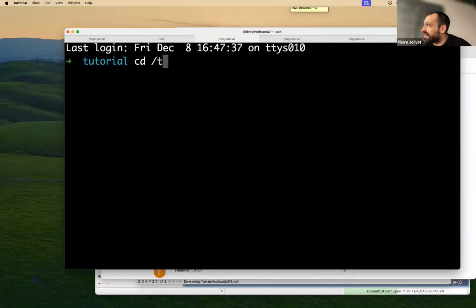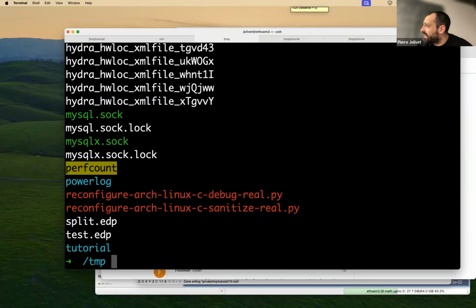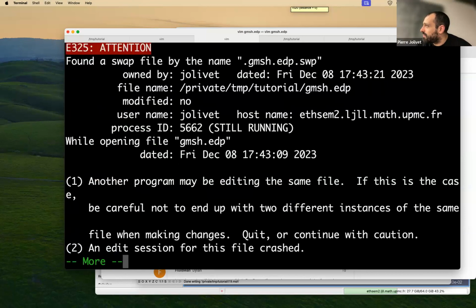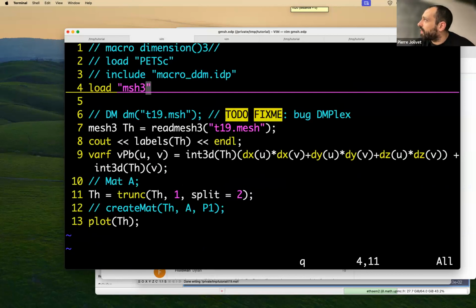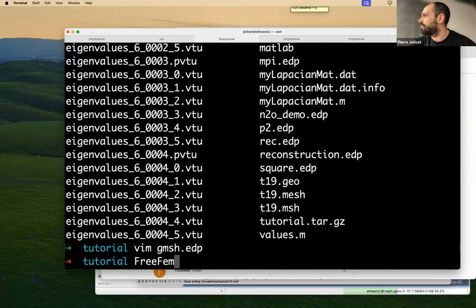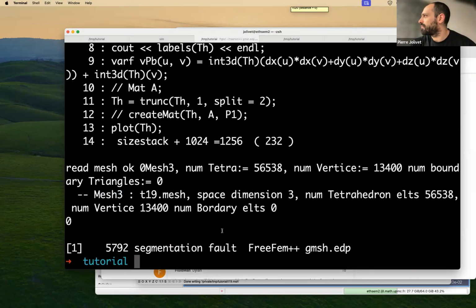This mesh is really nasty. So everything is sequential. Segmentation fault. Okay, no big deal.